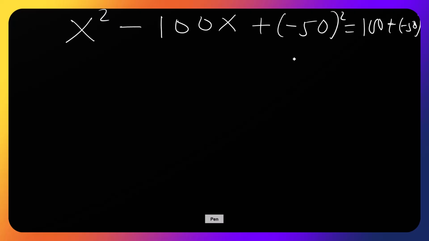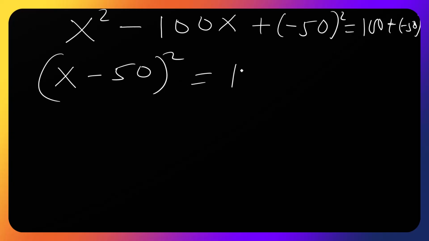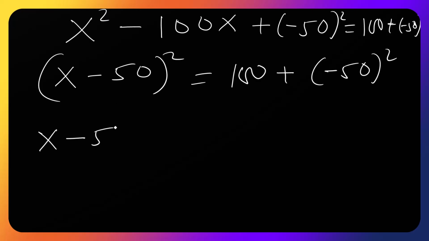Now from here, x squared minus 100x plus 50 squared is x minus 50 squared. So if I expand this, I'll get this one equals 100 plus minus 50 squared.